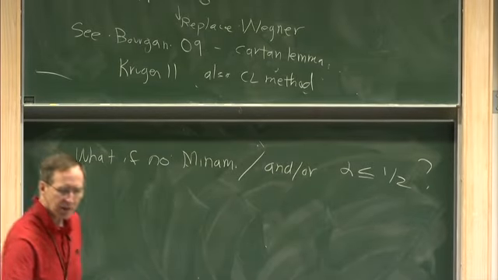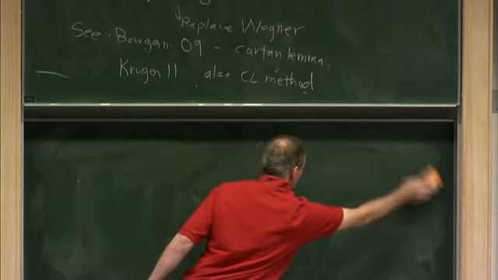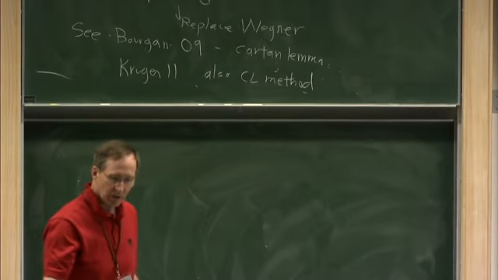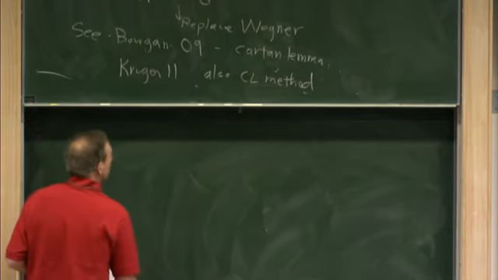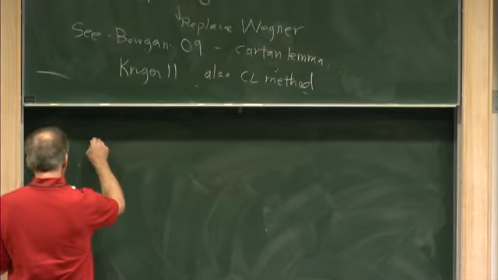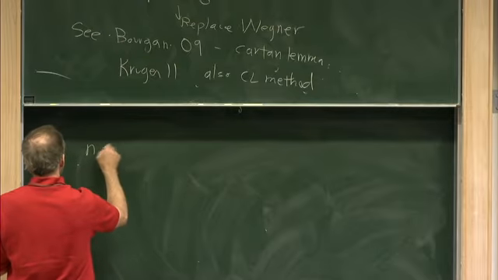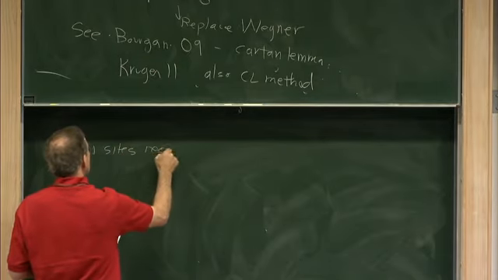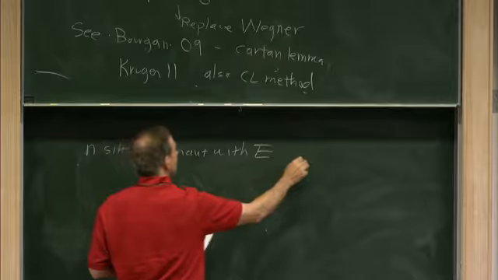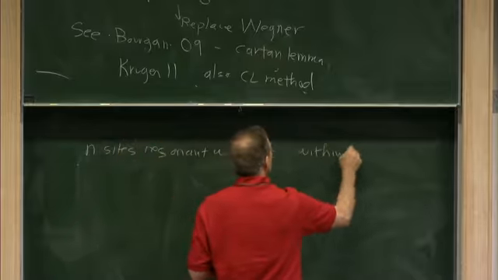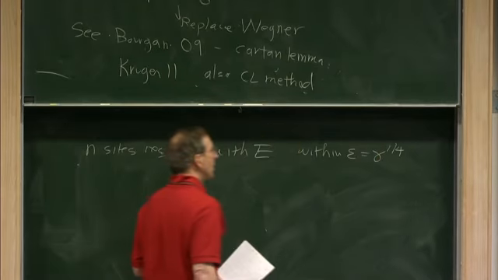Let me continue with the crude analysis here, to try to make this a little more quantitative, which really wasn't put out that explicitly in those papers. If you have n sites resonant with E, let's say within epsilon, epsilon typically I'm going to take to be gamma to some small power like a quarter.